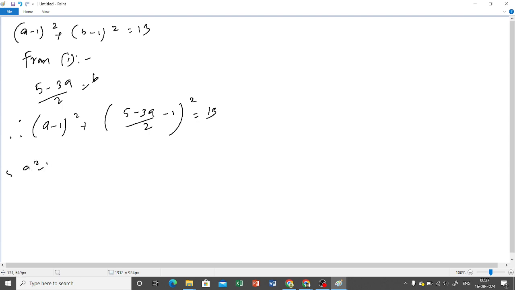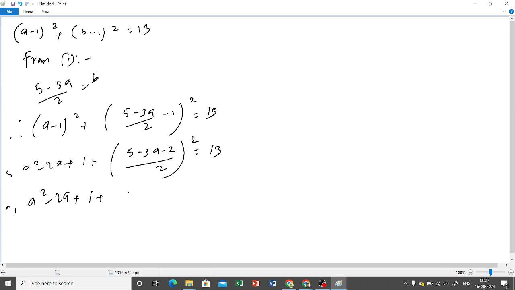That is a square minus 2a plus 1 plus 3a by 2 minus 1 whole square is equal to 13.